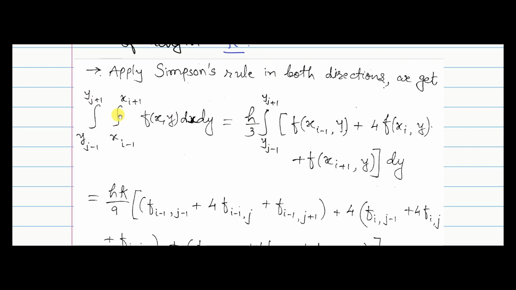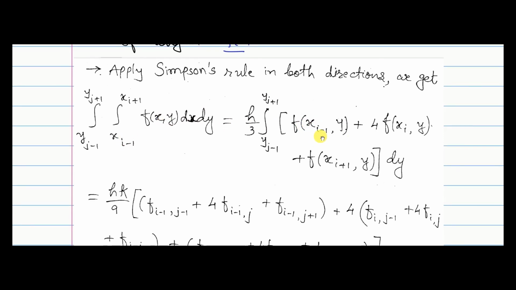So basically we have now employed Simpson's rule for the inner integral x_i minus 1 to x_i plus 1. I kept here the first integral as it is, y_j minus 1 to y_j plus 1, and in the bracket I have employed Simpson's rule, which turns out in this way: f of x_i minus 1 comma y, here y will be as it is, plus 4 times f of x_i y plus f of x_i plus 1 y.